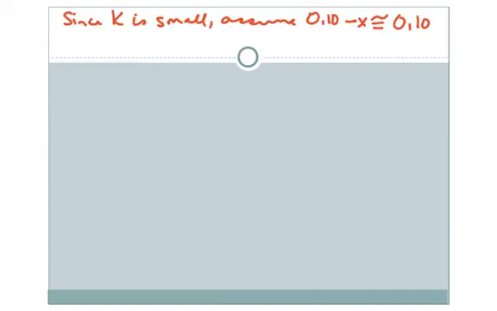So the first hoop we have to jump through, of course, is that statement. We're going to assume k is small, so assume that 0.1 minus x is approximately equal to 0.1. I'm not even going to edit that out. You guys know I'm human. Then we're going to do the 100 rule check.